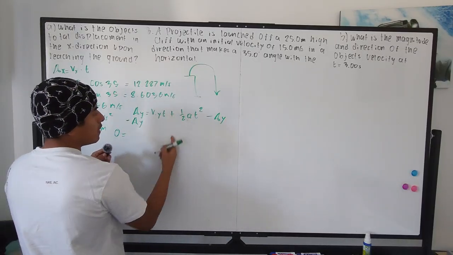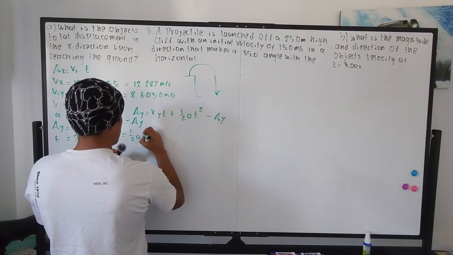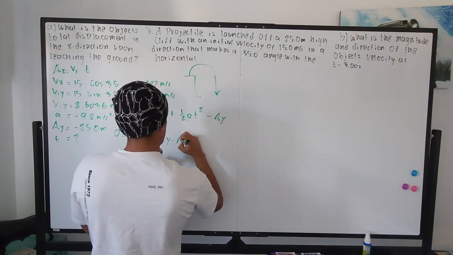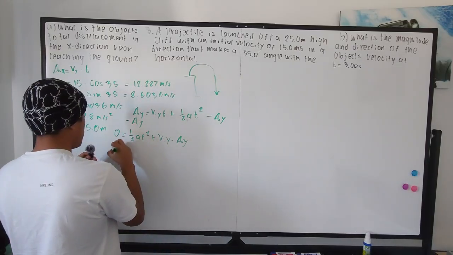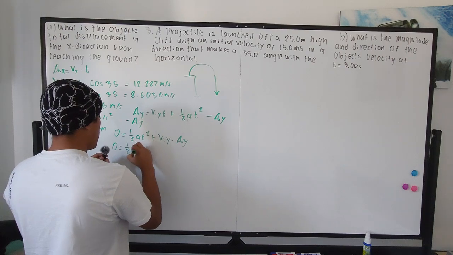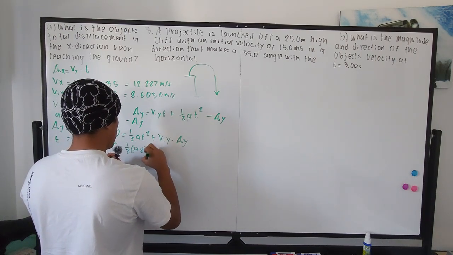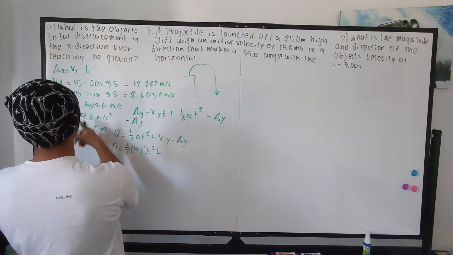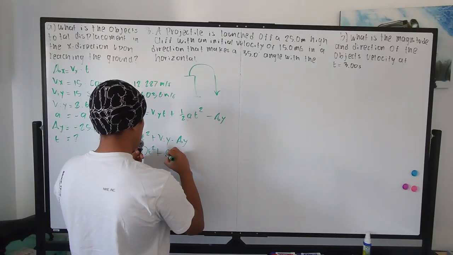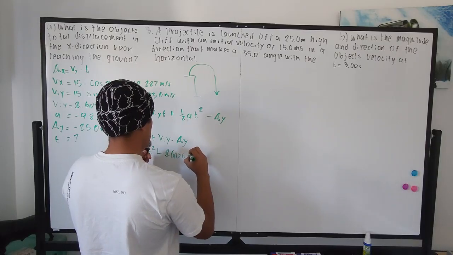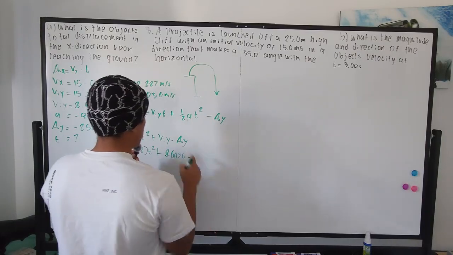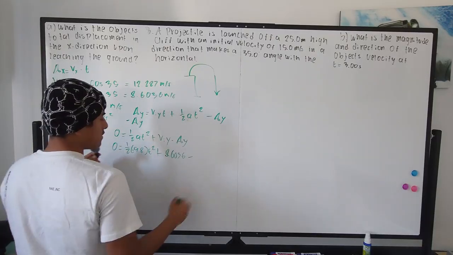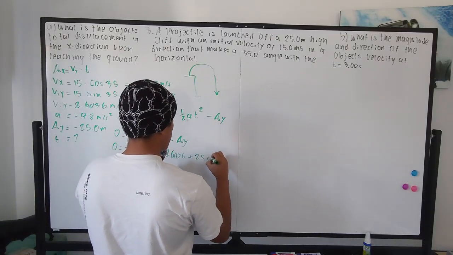0 equals, I'm going to rearrange here, so I'm going to have 1/2 a t squared plus vi y t minus delta y. Plugging in for all of my values, I have 1/2 times negative 9.8 t squared plus v initial y, which is 8.6036 t, minus delta y, which is negative 25, but I have two negatives, so that's going to make it a positive, so I have plus 25.0 meters.